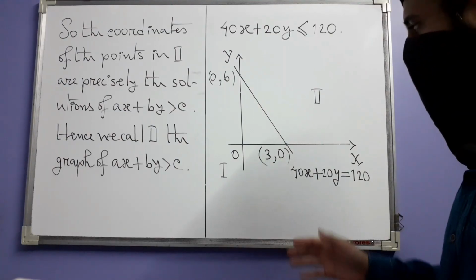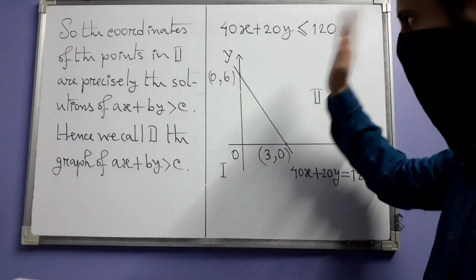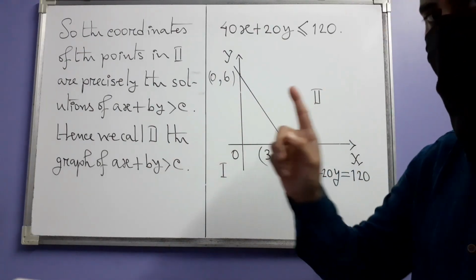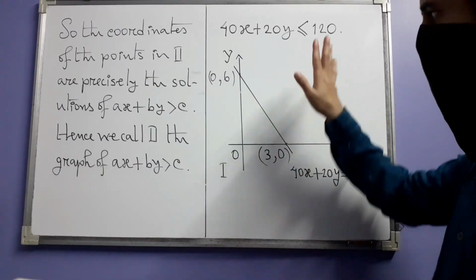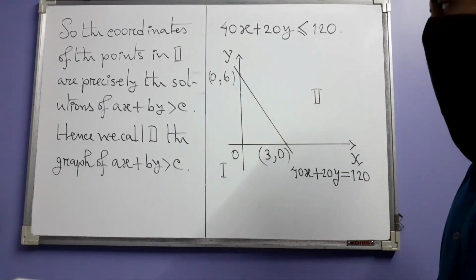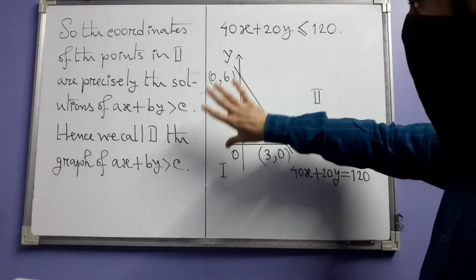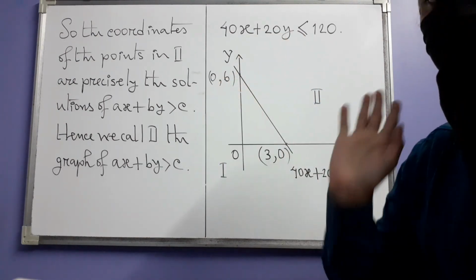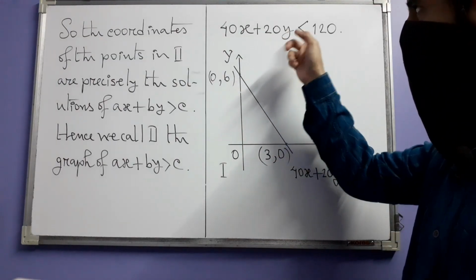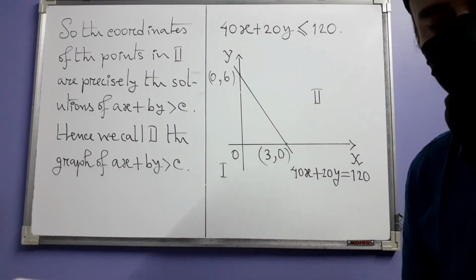Alright. Now the only thing we have to decide is this. Is it this one or this one? We already know from the discussion that it is exactly one of them. But how do we decide? Well, you just pick an arbitrary point from any one of these half planes, substitute the values of its coordinates and see if the inequality is satisfied.